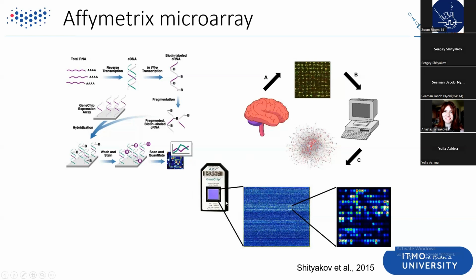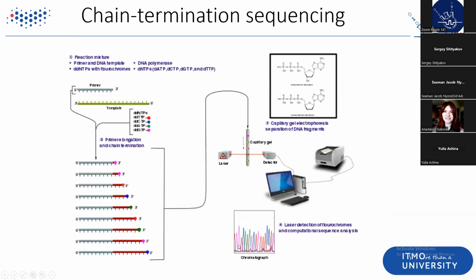Now, as I already mentioned, you have nanopore, and in nanopore you have a pore through which the molecule can pass, and by analyzing the current of this molecule, one can determine peaks which represent different nucleotides in the polynucleotide chain.